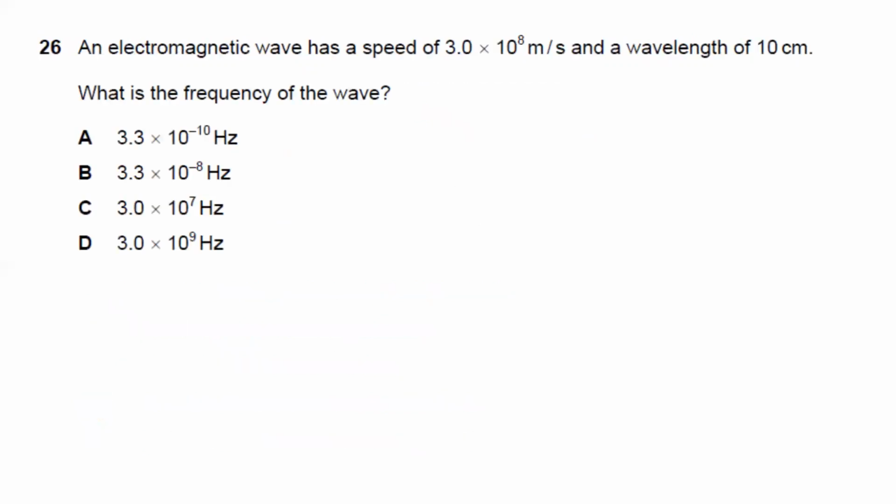Question number 26. The electromagnetic wave has a speed of 3 into 10 to power 8 meters per second and a wavelength of 10 centimeter. What is the frequency of the wave? Remember, c equals f lambda. c is 3 into 10 to power 8. f we have to calculate, lambda is 10.